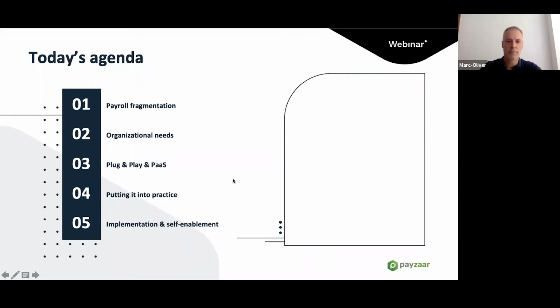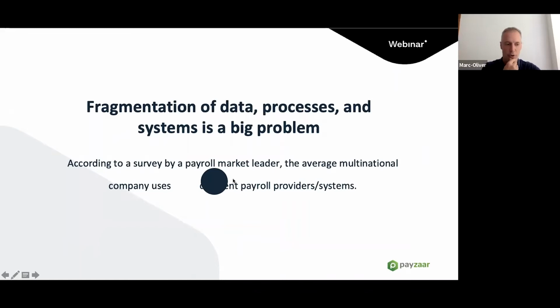Let's talk about global payroll and what typically the solution in a global payroll environment is. I see that the formatting here has played a little trick on us, so apologies for that. Somehow the little bullet in the middle has moved.